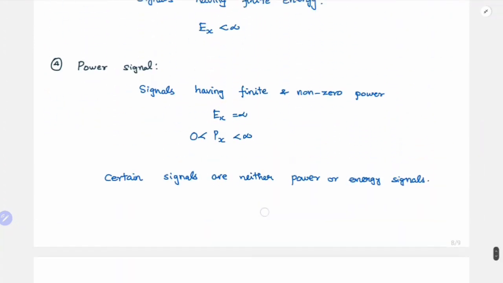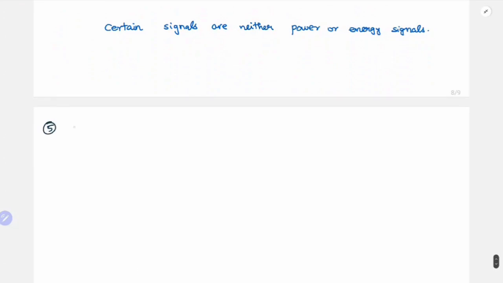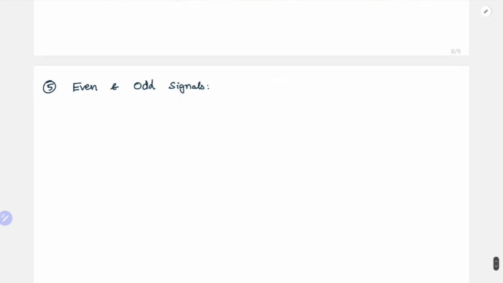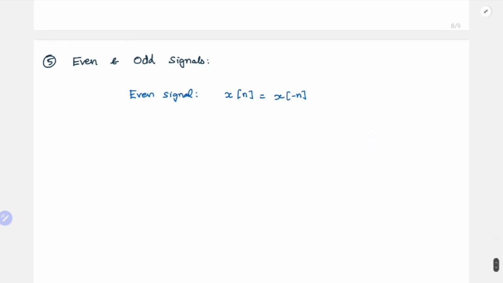So next we'll see even or odd signals. So an even signal is defined like this: your x of n is equal to x of minus n. Okay, so it is symmetric about the vertical axis. So it can be like this.